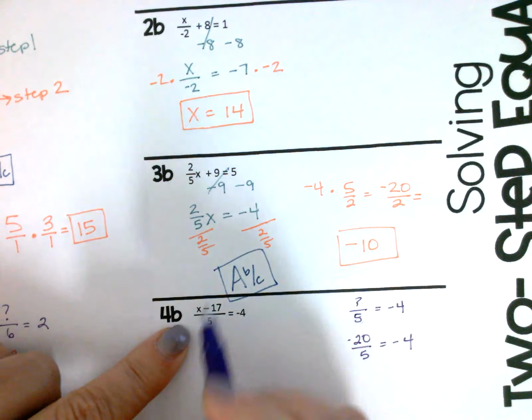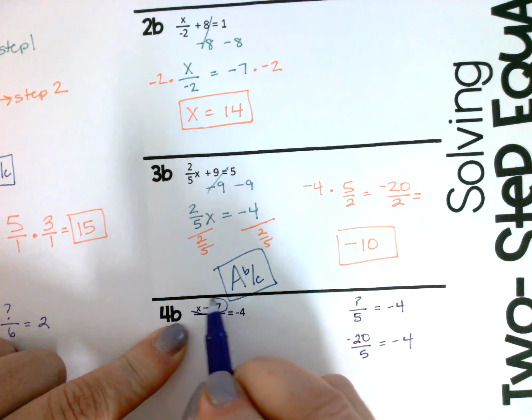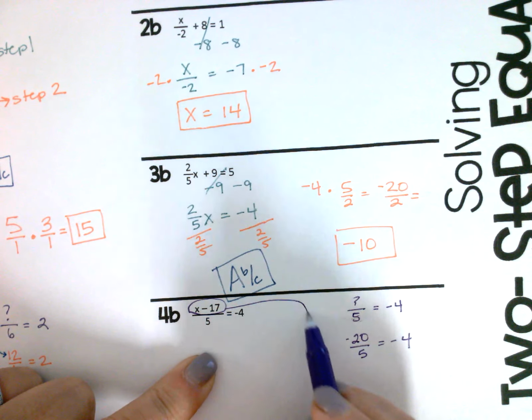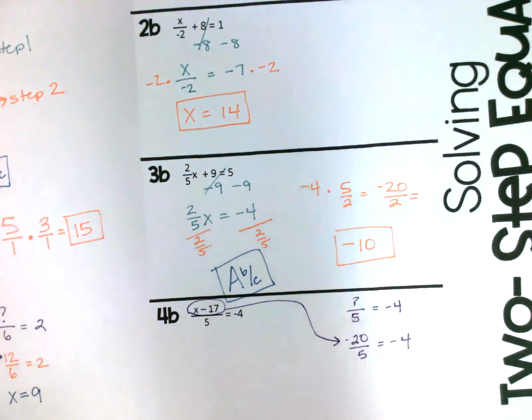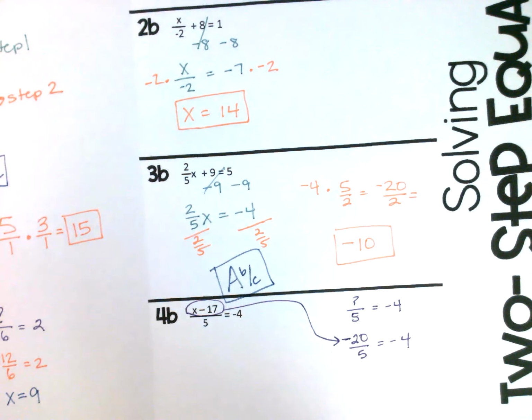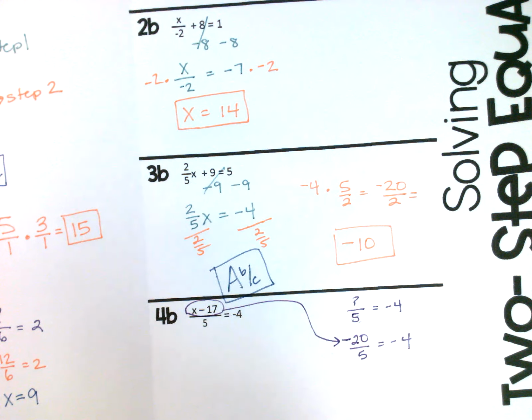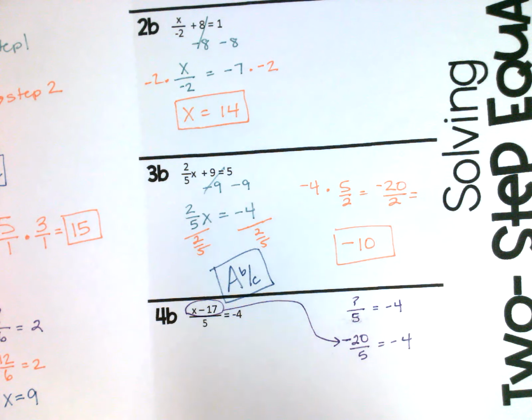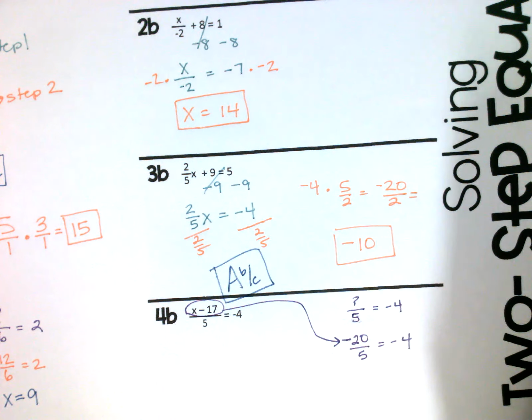Okay. Oh, what number would I have to fill in here to get to negative 20? Okay, so what number minus 17 equals negative 20? That one was a bit tricky.